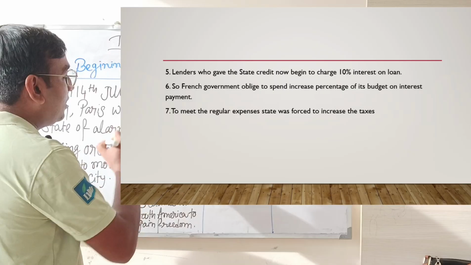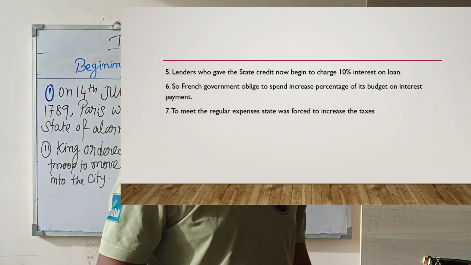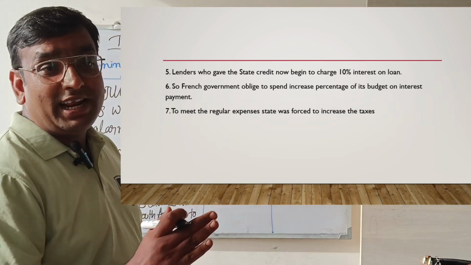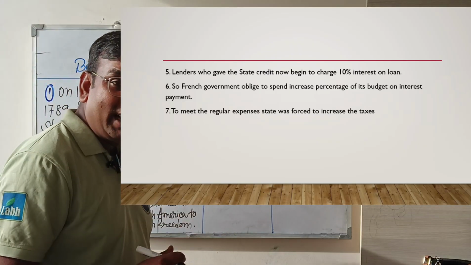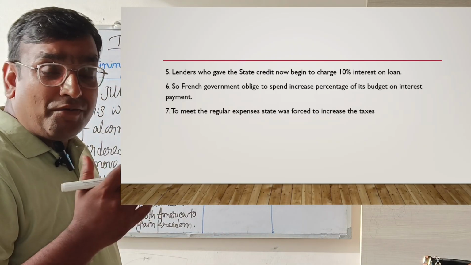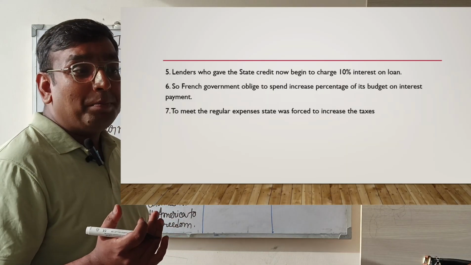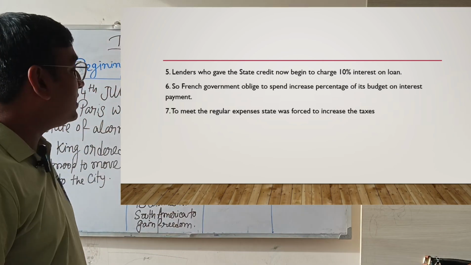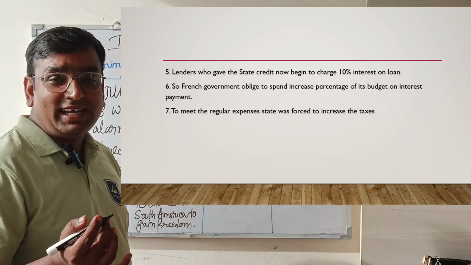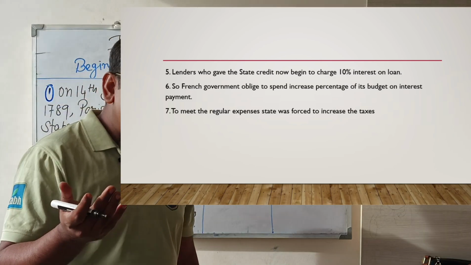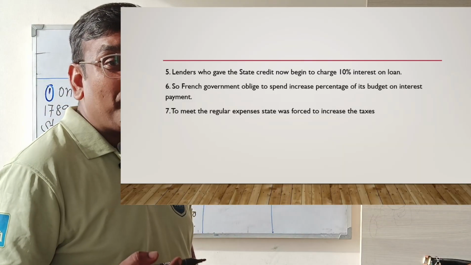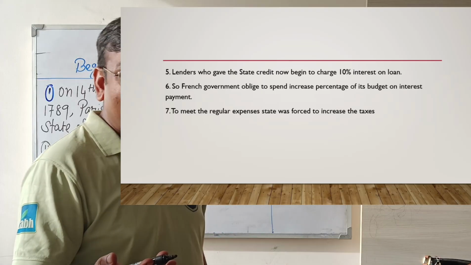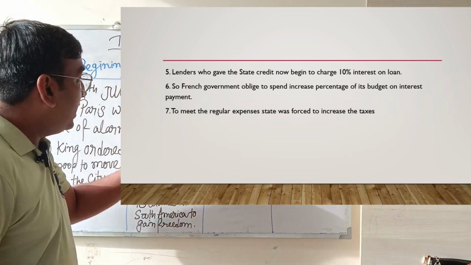Number five, the lenders who gave the state credit now began to charge 10% interest. So France had to pay the extra interest in the budget. And number six, France was now obliged to increase the taxes.